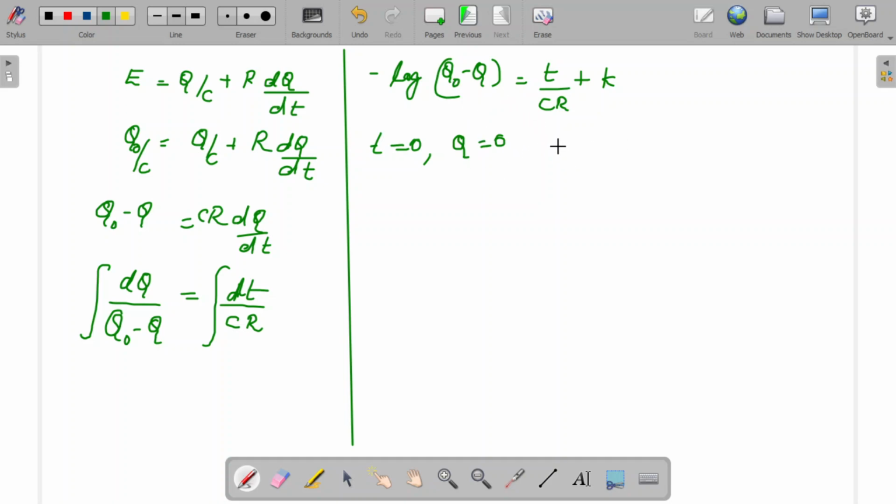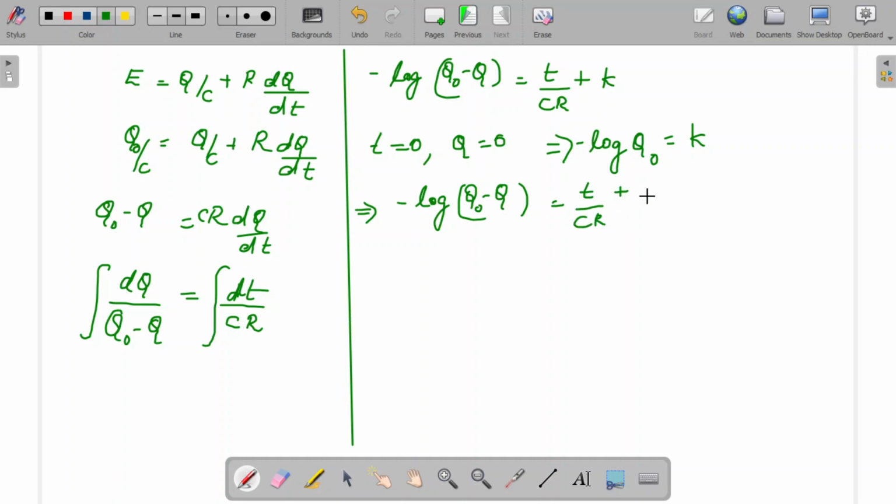Then this equation becomes minus log Q0, Q having become 0, is equal to, time t is 0, so that means k becomes minus log Q0. So now I replace k by minus log Q0 in the next step. So I can write this expression as minus log of Q0 minus Q equal to t by CR plus k, which is actually minus log Q0.